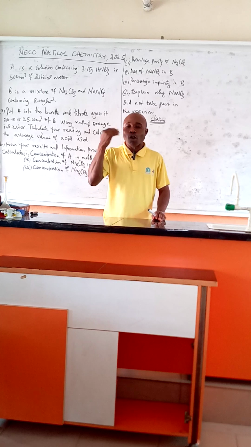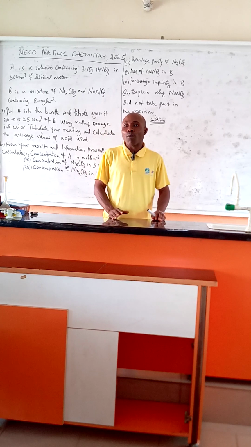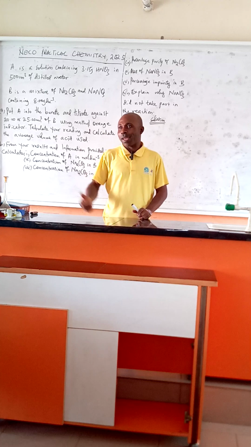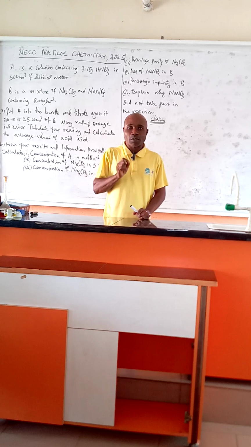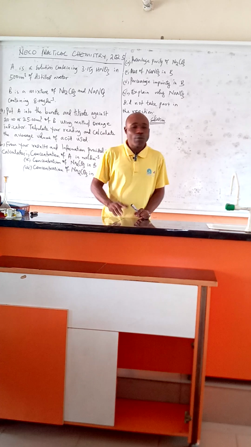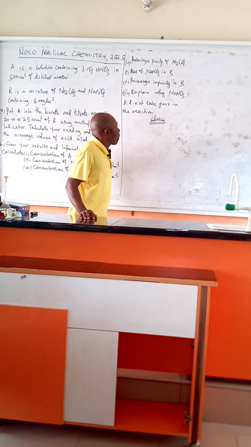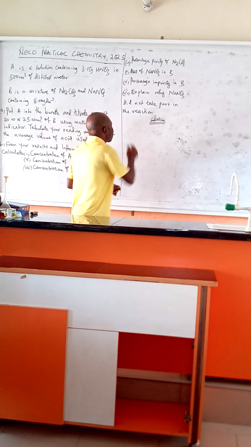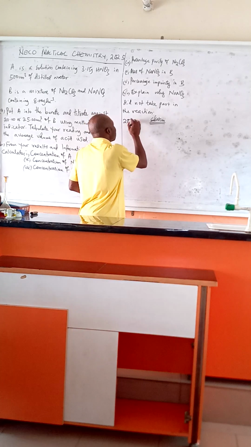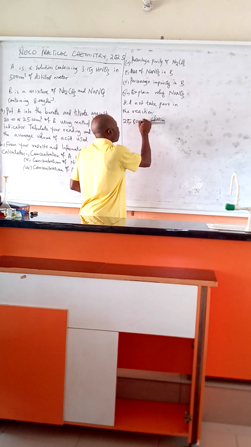So you cooperate with your chemistry teacher for the accuracy of the endpoint. Don't go against the instructions of your chemistry teacher when it comes to volumetric analysis. So for the purpose of this video, we'll be using the endpoint 25.80 cm3.